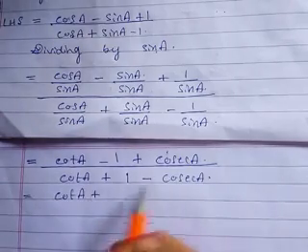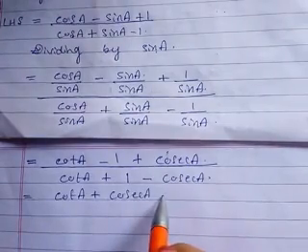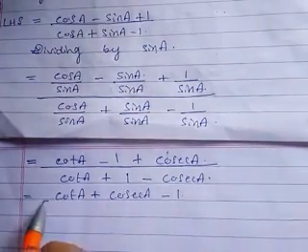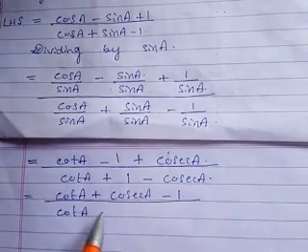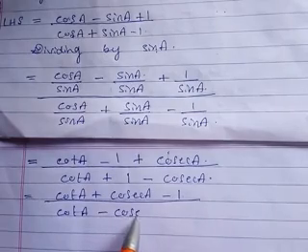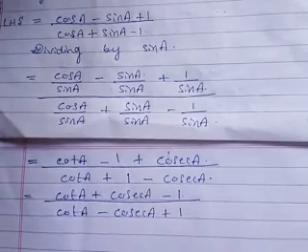Cot A plus cosec A minus 1, divided by cot A minus cosec A plus 1.